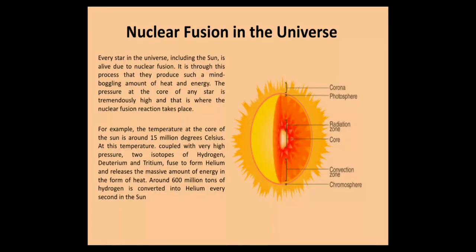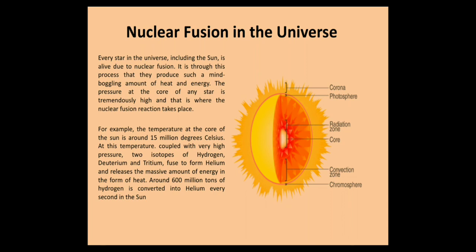Nuclear fusion in the universe. Every star in the universe, including the Sun, is alive due to nuclear fusion. It is through this process that they produce such a mind-blowing amount of heat and energy. The pressure at the core of any star is tremendously high, and that is where the nuclear fusion reaction takes place.